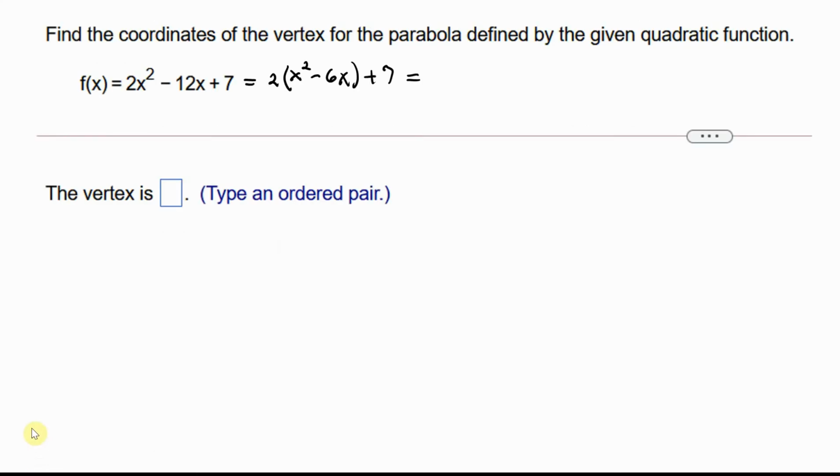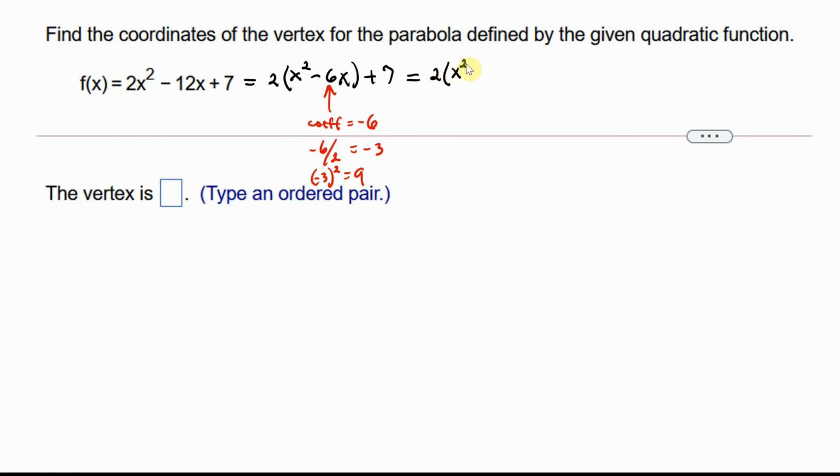So here, that's the coefficient of x. So what we're going to do is take half of it, -6 over 2. I get -3. And then we're going to square it. I get 9. So now I'm going to add and subtract the 9 within the parentheses.